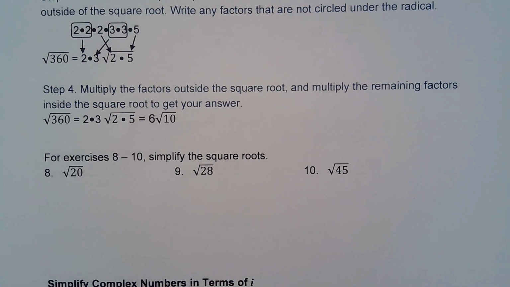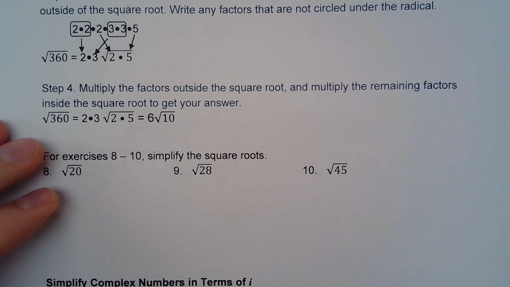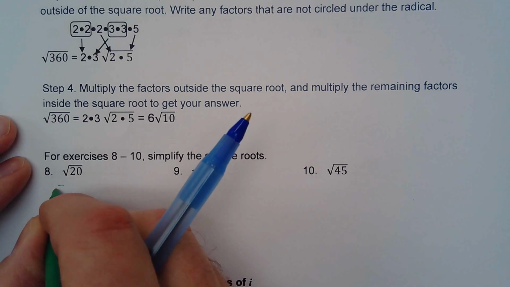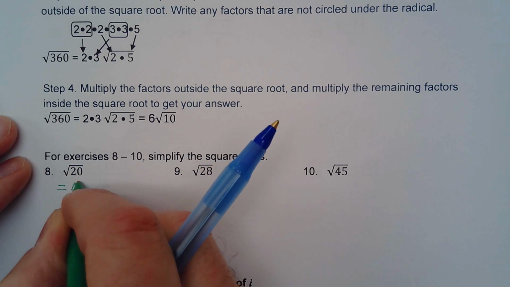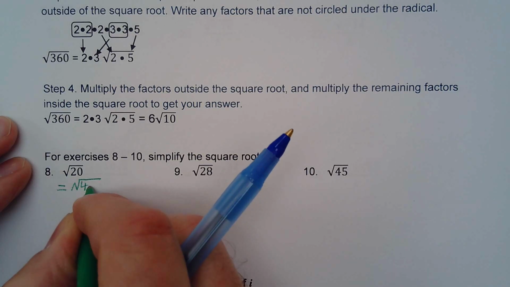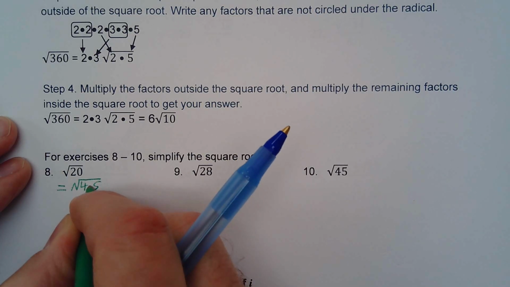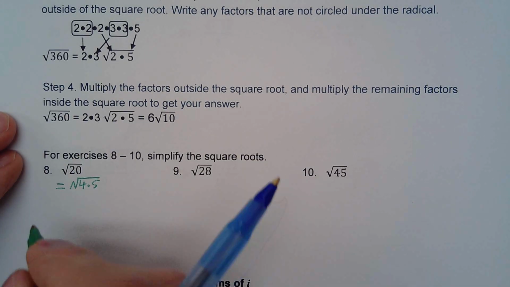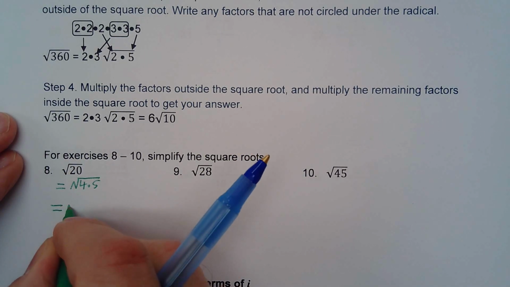So let's try simplifying. So here we've got square root of 20. That's the square root of 4 times 5. And then 4 is 2 times 2.